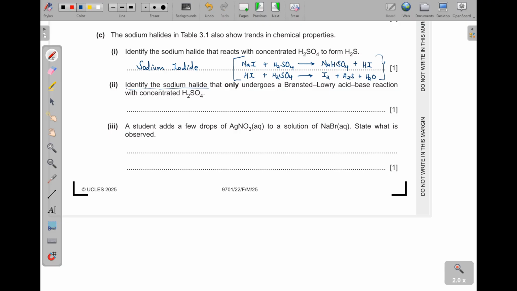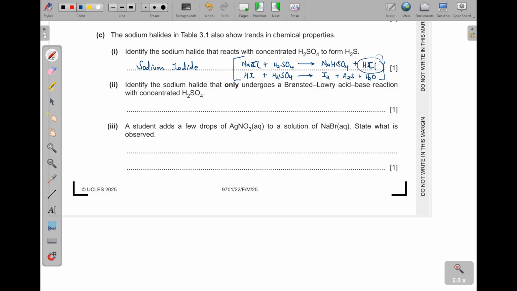Identify the sodium halide that only undergoes Bronsted-Lowry acid reaction with concentrated sulfuric acid. That one has to be sodium chloride. Because here the HCl that you are going to form, remember, they all have the same reaction here. So here just put chlorine, then put chlorine here.